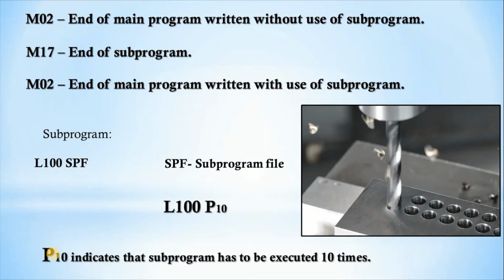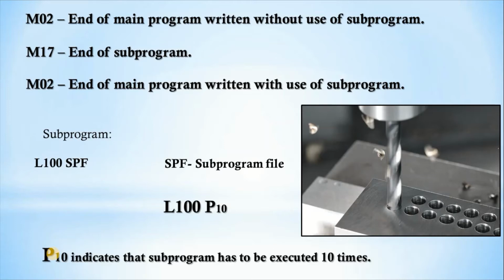If we want to perform similar operations, like drilling operations, where the same drill we want to do again and again, there we can use this subprogram file. In this photo you can see the drilling operations. We have to execute it 10 times.